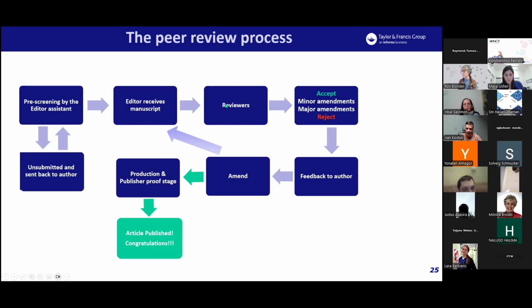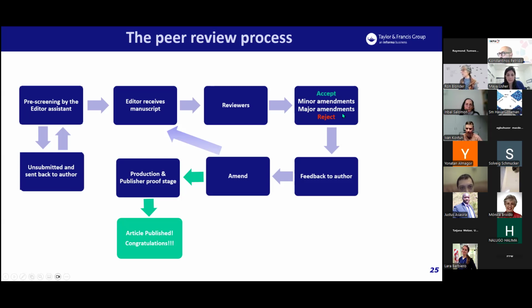And she sends the paper to the reviewers. The reviewers can make some decisions: to accept the paper as it is, to accept it with minor revisions, to accept the paper with major revisions, or to reject it. And in each of the cases, the reviewer should explain their opinion.